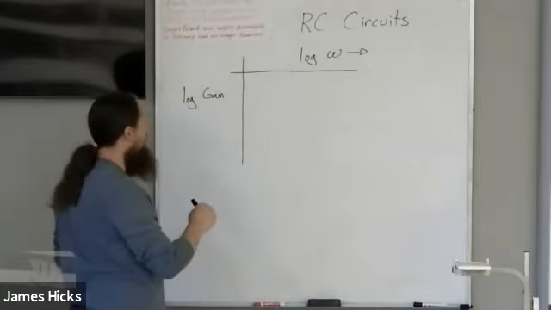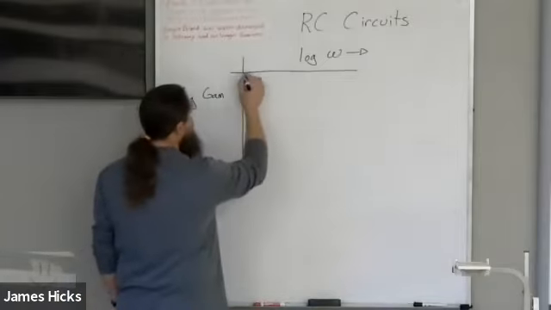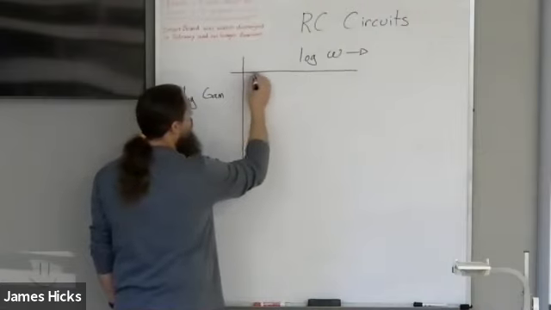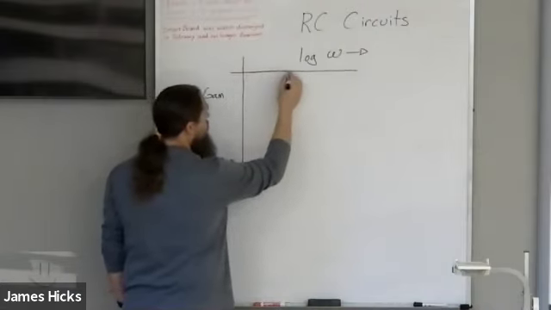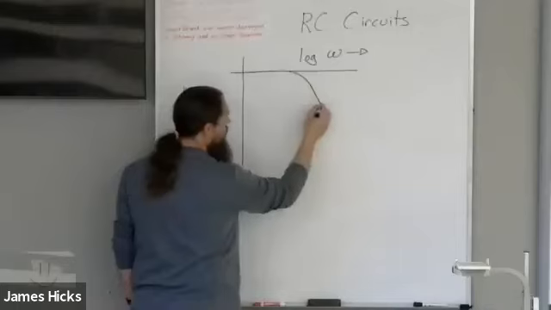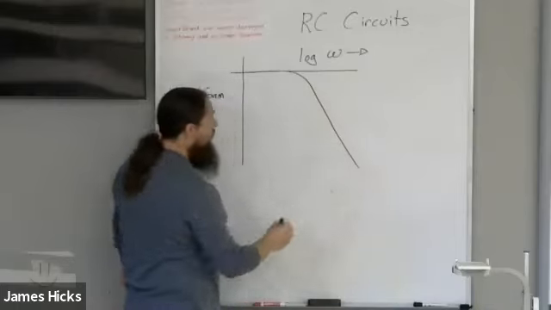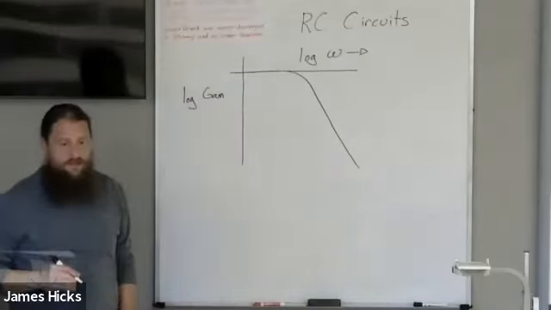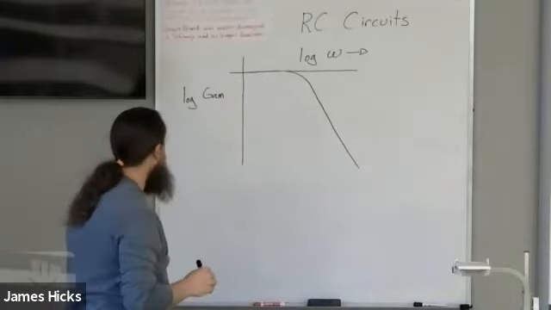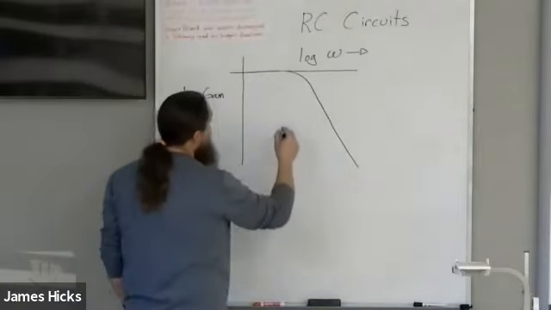And what you would see is this gain would start off flat, roll over, and start to go down like that.